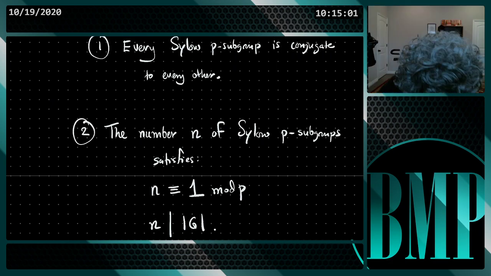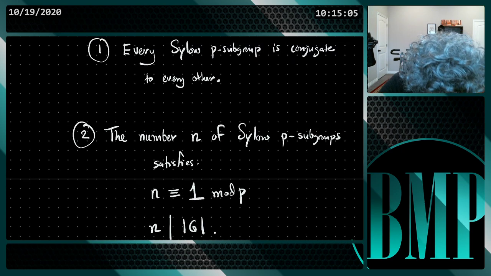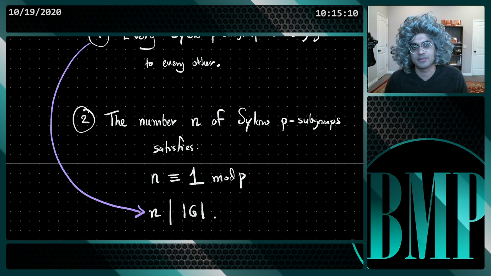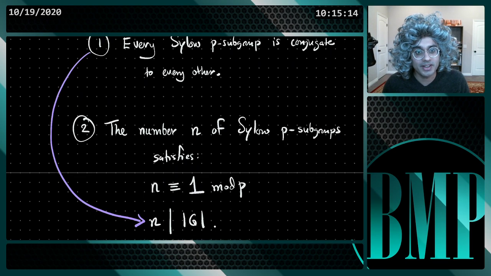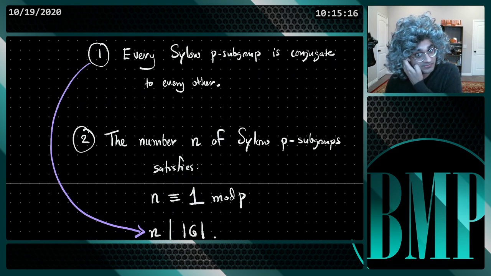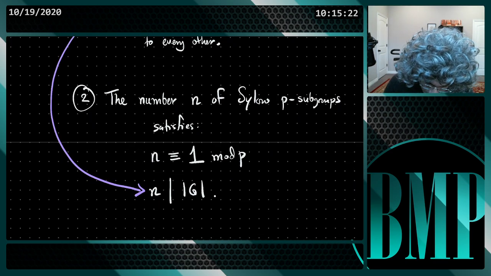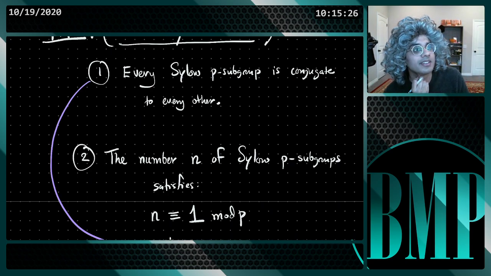So if you know 1, then 1 implies that by orbit stabilizer. You see that? That's pretty clear. So if we can show that all of them are conjugate to each other, that would be great. And I think that's the first thing that I'll show.